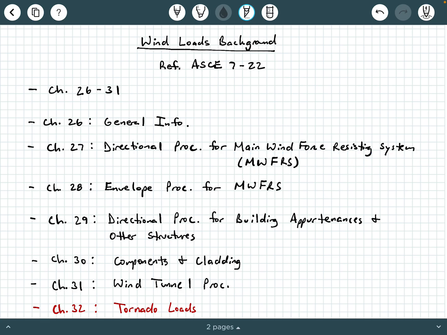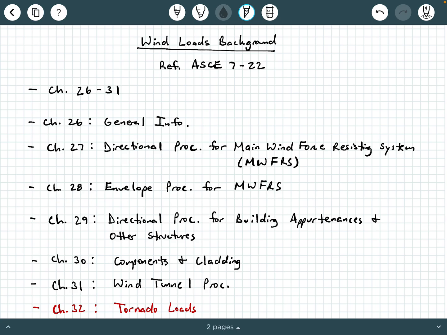Now, when we think of a main wind force resisting system, we're thinking of maybe the framing elements and maybe the beams and the columns that are the main structural system that is holding up our structure and resisting those wind loads, all right? So chapter 27 covers what's called the directional procedure.